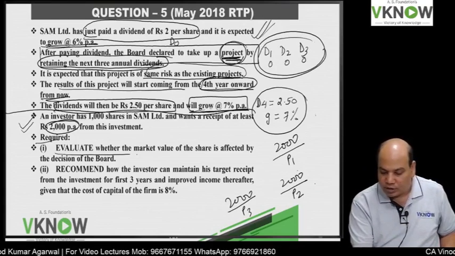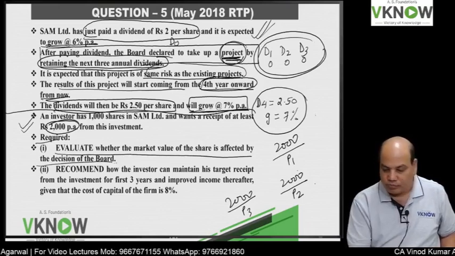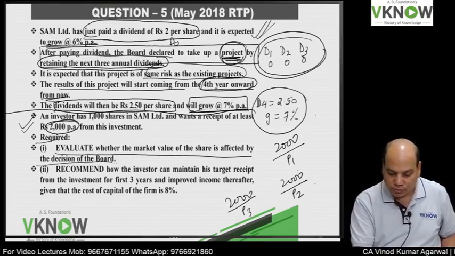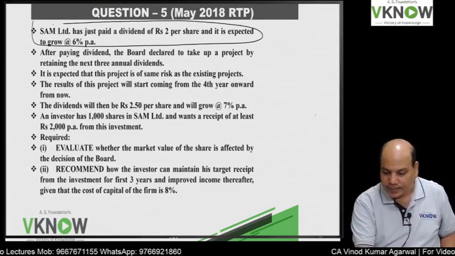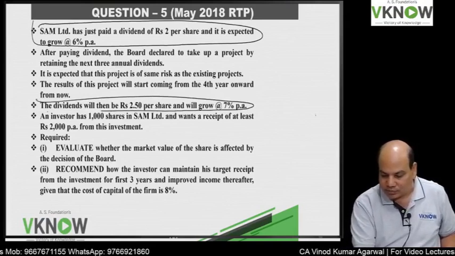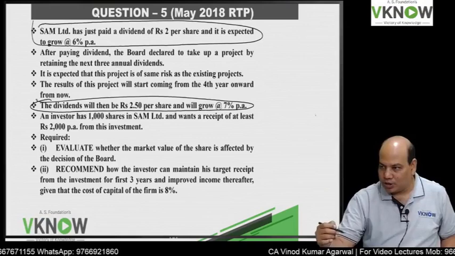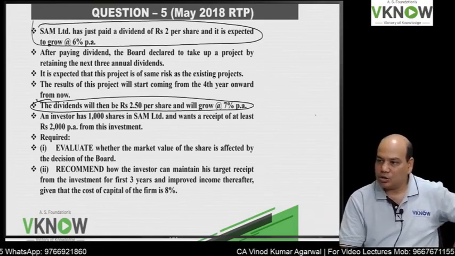Required. Evaluate whether the market value of the share is affected by the decision of the board. So basically you have to solve this question 2 times. First using this data, and second using this data, and check whether the price of the share today will be higher by undertaking a new project or not.